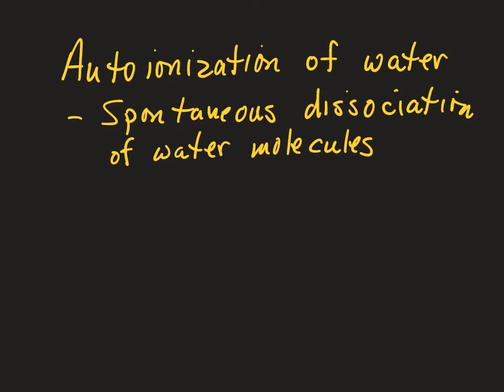When we talk about the autoionization of water, what we're talking about is the spontaneous dissociation of water molecules. So what happens is in pure water, to a very small degree, you have water molecules in the liquid phase.